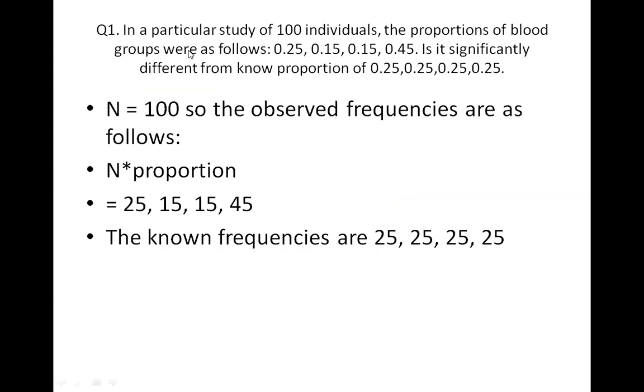I have taken one example. In a particular study of 100 individuals, the proportion of blood groups were as follows. This is blood group A, blood group B, blood group AB, and blood group O. And the proportions are as follows: 0.25, 0.15, 0.15, and 0.45.